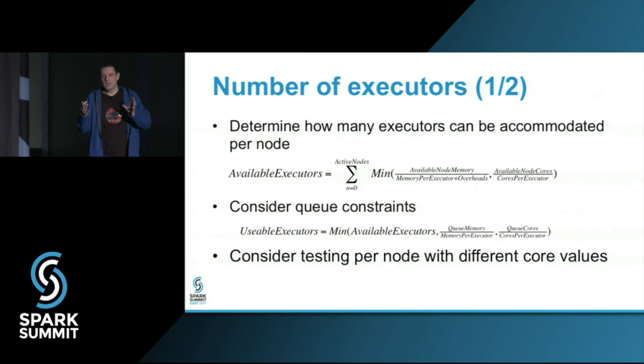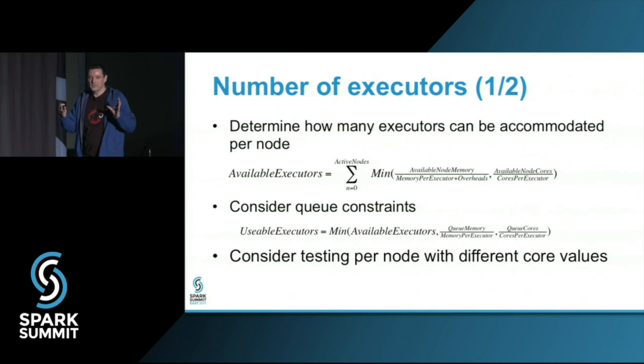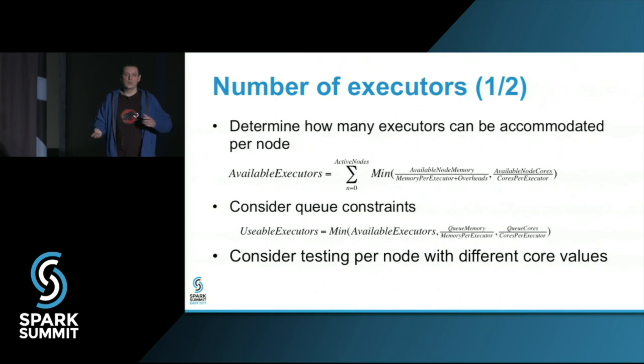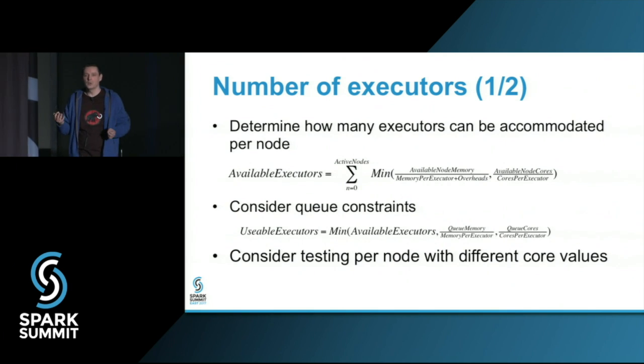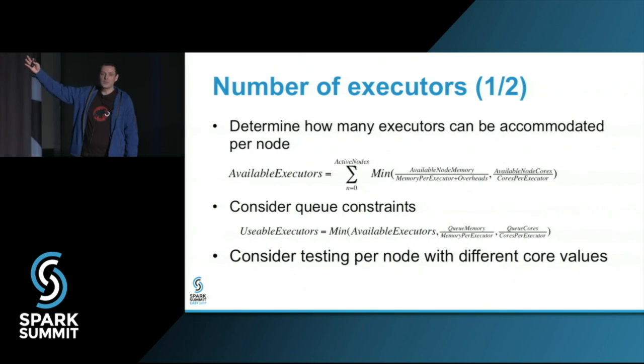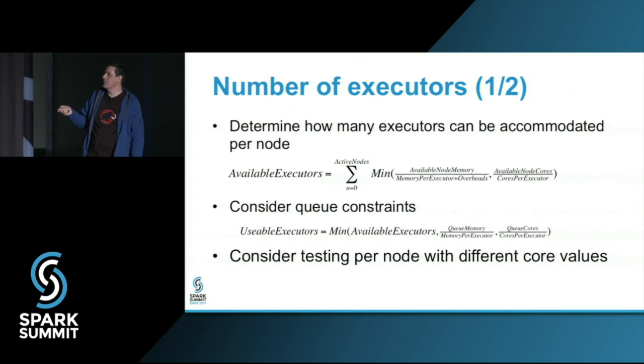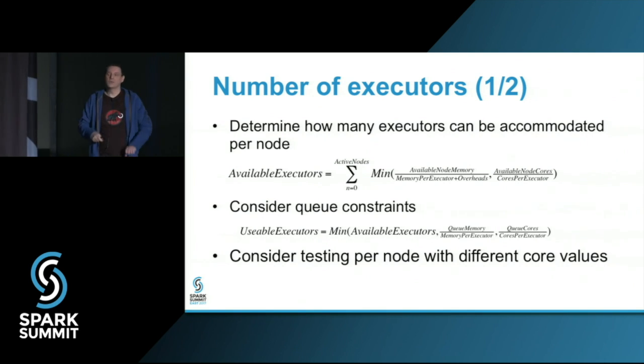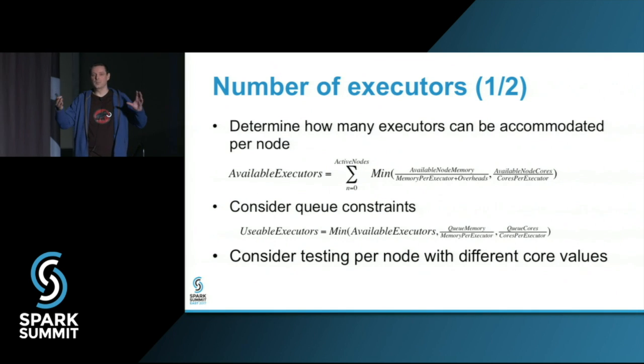Once we have that determination, now we can look at how many executors we can actually support on the cluster at present. We use the real-time resourcing information that we pulled from the Yarn Resource Manager and, on a per-node basis, look to see how many executors we can support. There's going to be a constraint introduced by the amount of memory and a constraint introduced by the number of cores. We take the minimum of those two, accumulate over the active nodes in the cluster, and that gives us the available number of executors.